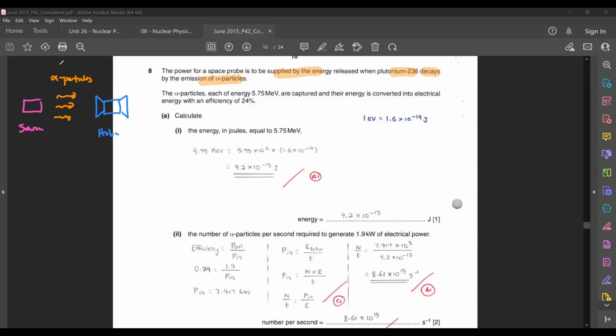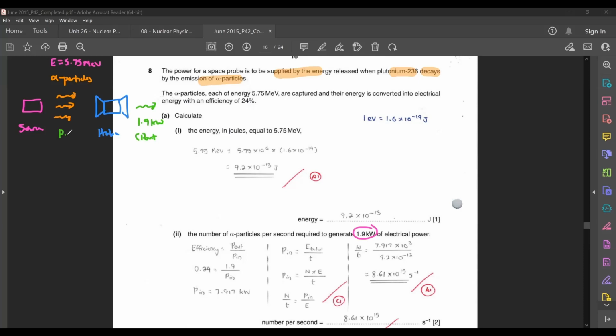So what was mentioned to you is that the energy of your alpha particle is actually 5.75 mega eV. All right. Your probe is capturing the energy of these alpha particles and then is trying to get an energy of 1.9 kilowatts, or power of 1.9 kilowatts out of it. So here, you're supposed to get 1.9 kilowatts of power. This is your output power.